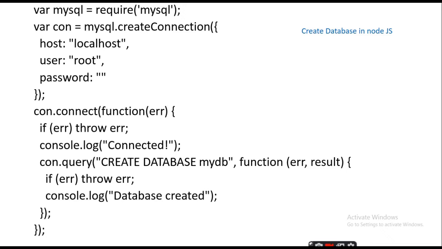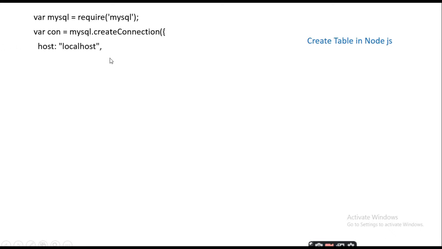Our program needs to create a database and create a table in Node.js. So first create the database. We need to execute this program first, and then we'll create a table in Node.js. The same part we are repeating here. We need to import the MySQL module. Then variable con equals mysql.createConnection.